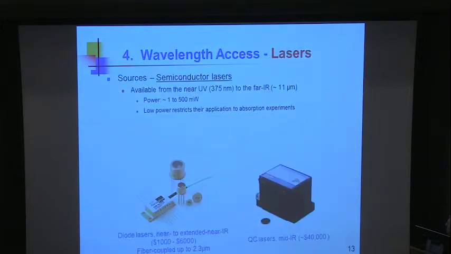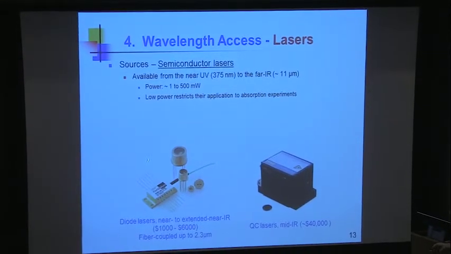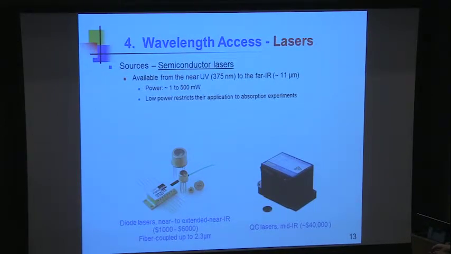Okay, now what about the lasers and the detectors? These diode lasers, strictly speaking, are not all diode lasers, but it's a loose terminology. We call them diode lasers. In the near to extended infrared, they might be in the $1,000 range. They can be fiber coupled out to about 2.5 microns.